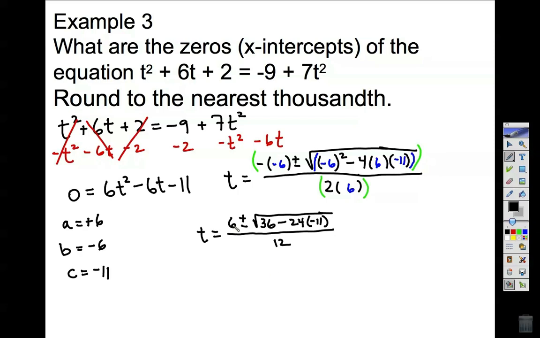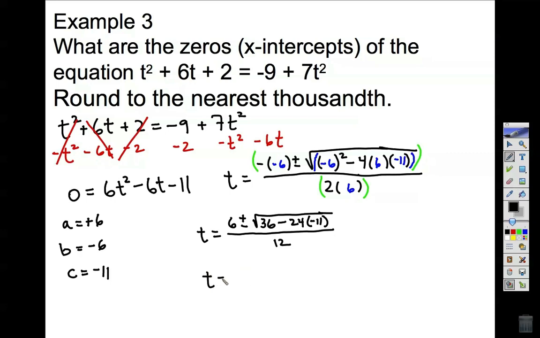If you have a calculator, I would use the plus, and that's going to give me a positive answer. And then I would use the second time as a minus in order to get the other one in the negative. I'm going to continue just a little bit more.